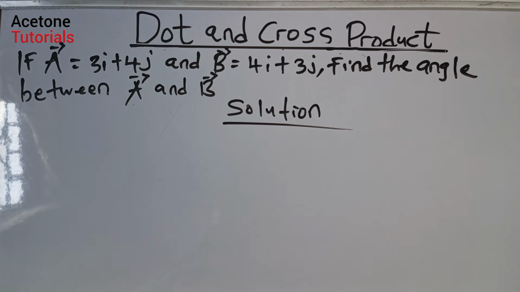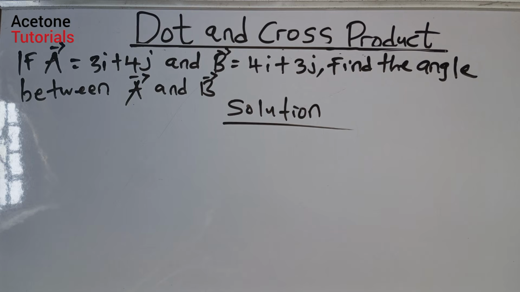Here is another question. If vector A equals 3i plus 4j and vector B equals 4i plus 3j, find the angle between A and B. So we want to find the angle between vector A and vector B. We can use the dot product method to find that. We know that the dot product of A and B is equal to the magnitude of A multiplied by the magnitude of B multiplied by the cos of the angle between them.